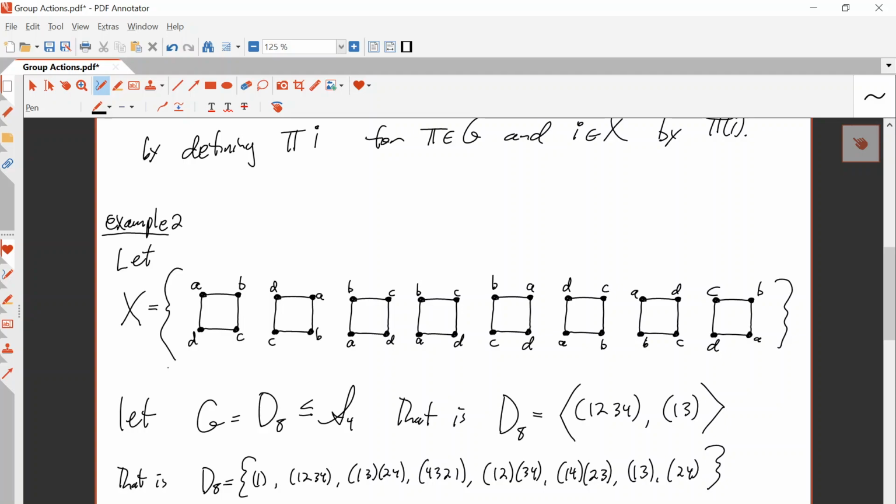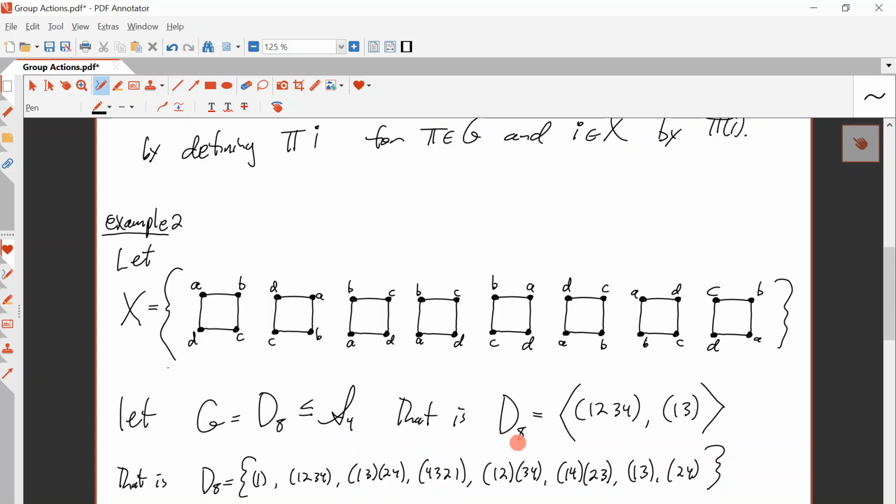Now it doesn't have to be that. I could do all possible labelings of the square with elements A, B, C, D, but I'm just taking these. Now let G be the dihedral group of order 8, the symmetries of the square, which is a subgroup of S4.